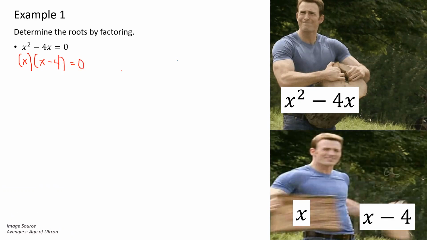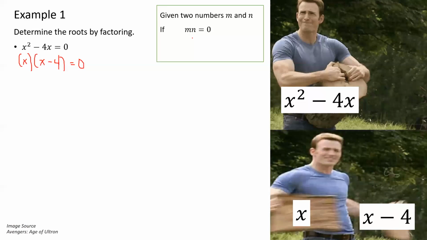And now, in order to determine the roots, now we have factored it already. We remember that when we are given two numbers, m and n, if we multiply them together, m times n is equal to 0, that means at least one of them must be 0. That is, m is equal to 0 or n is equal to 0.